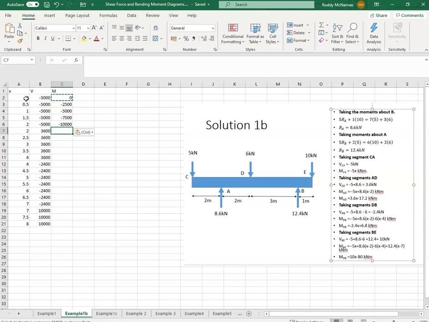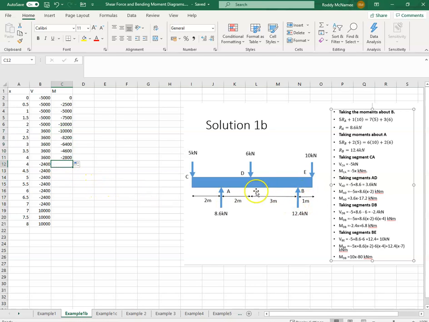And this is equal to 3,600 multiplied by x minus 17,200. Okay, and we're just going to copy that down as far as here.